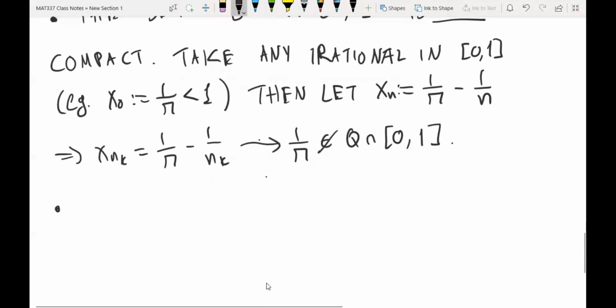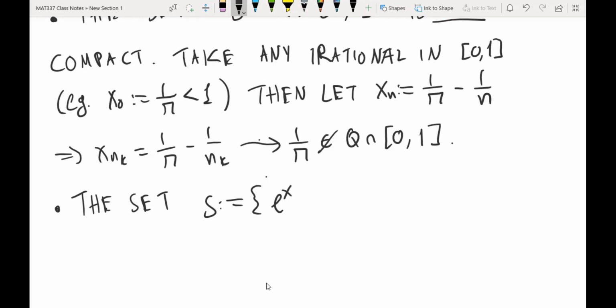Yeah, let's do a graph question. So the set e^(-x), for x strictly positive, is not compact.